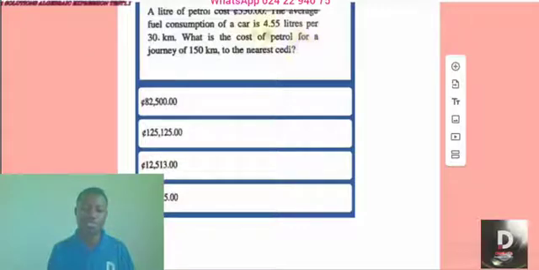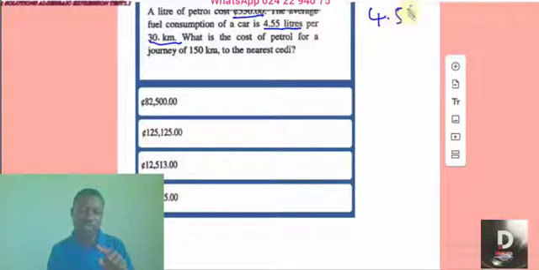A liter of petrol costs 550 cedis. The average fuel consumption of a car is 4.5 liters per 30 kilometers. I can write this as an equation. It's a proportion. Why? The average consumption of a car is 4.5 liters per 30 kilometers.